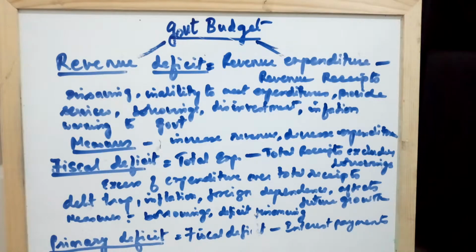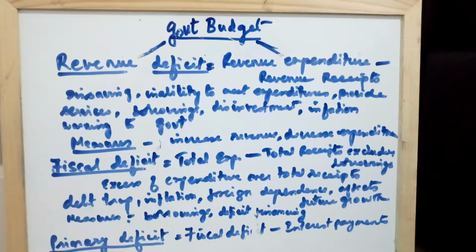So what are the implications of revenue deficit? There will not be saving. The government is dissaving, using the savings of other sectors of the economy to finance its consumption expenditure. Inability of the government to meet its regular and recurring expenditure in the proposed budget. And it borrows money, or there will be disinvestment.